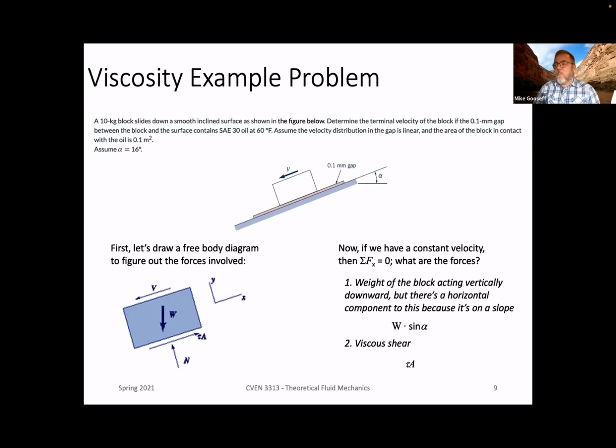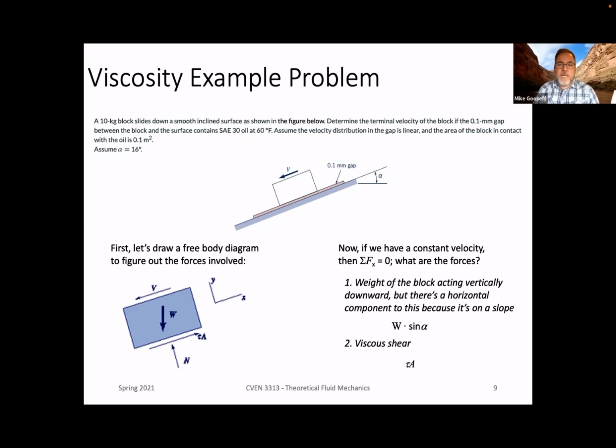Now, we've included some of the geometry here of the system with our sine alpha for the weight part. We really don't have to do that for tau times A, because that is only working in the x direction, up or down the slope of the ramp.